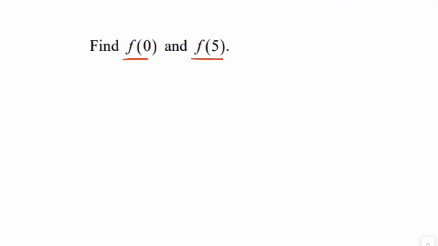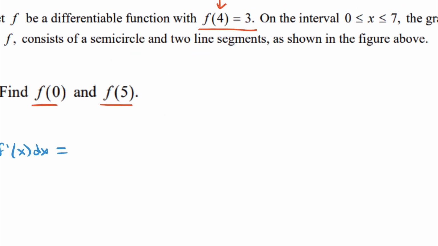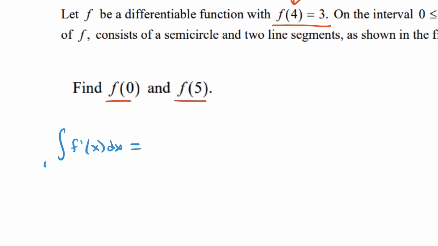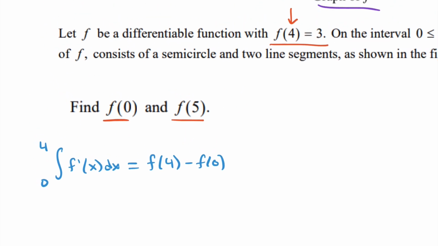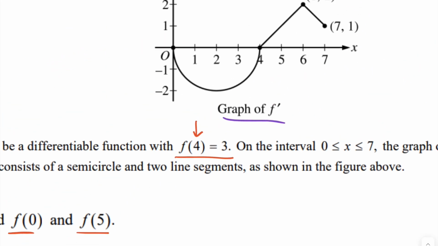So if I want to use the fundamental theorem of calculus to find f of 0, let's go from 0 to 4. That's going to be f of 4 minus f of 0. The antiderivative of the derivative of the function is f of 4 minus f of 0. So what accumulation happened from 0 to 4?